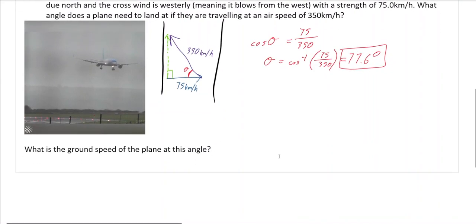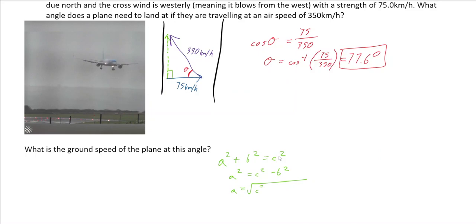Okay, so now that we've done that, you could also calculate the ground speed of the plane. So this would be, again, the same as the last question. So a squared plus b squared equals c squared. Then you just rearrange. So subtracting b squared on both sides. Then you rearrange again. So square rooting both sides.